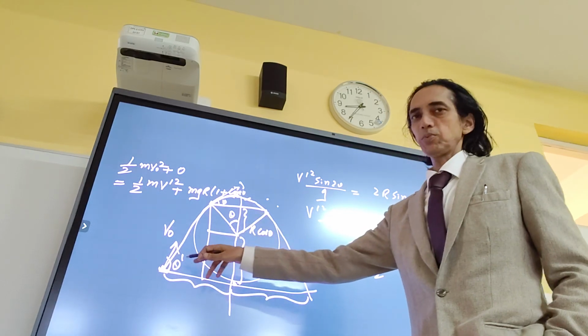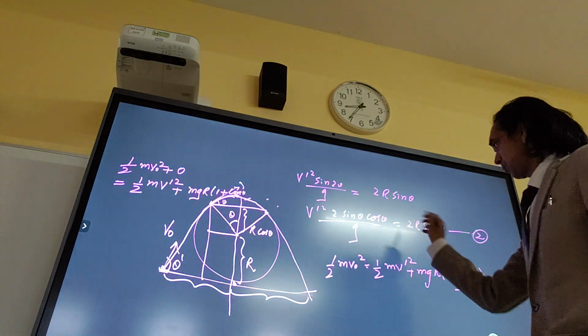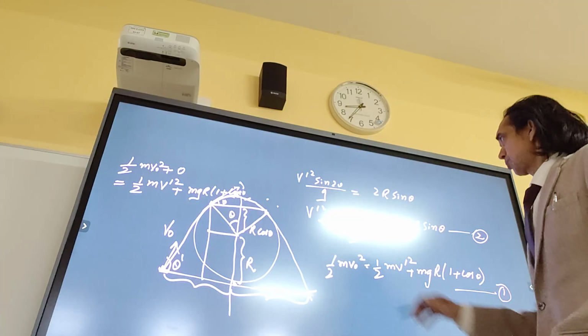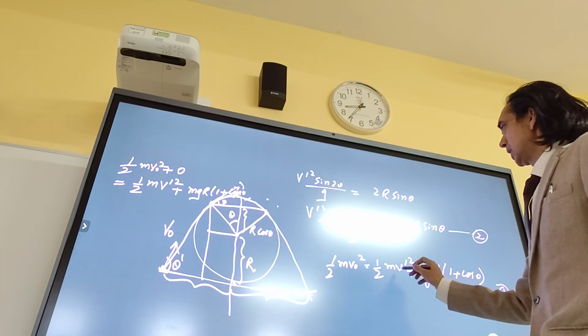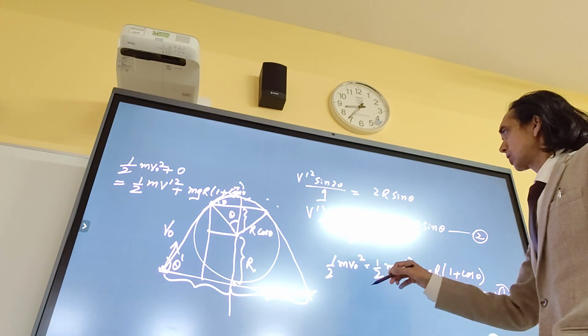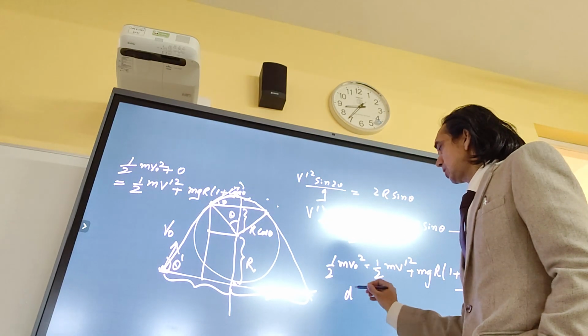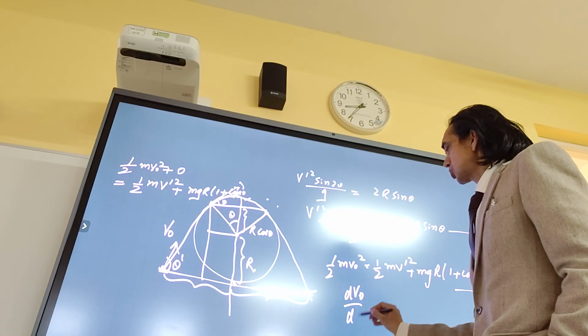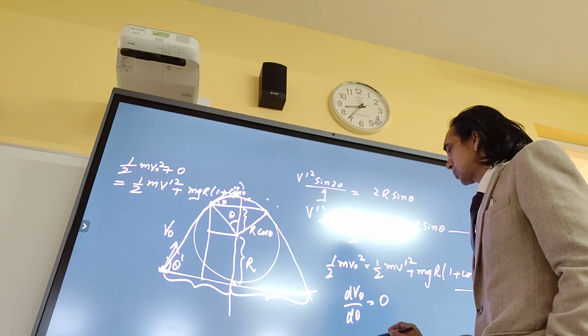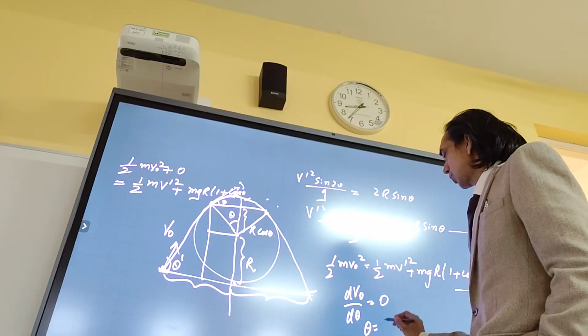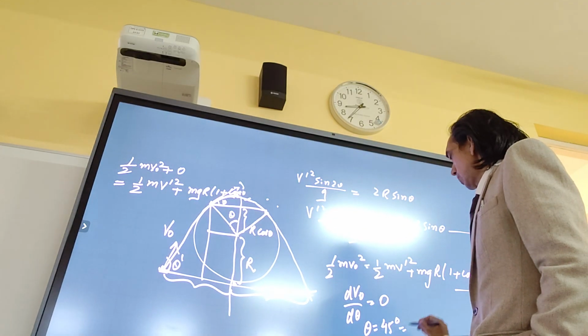When you substitute for v prime square, m will get cancelled and you will get v naught in terms of theta. For the speed to be maximum or minimum, dv naught by d theta should be equal to 0. When you solve this, you get theta equal to 45 degrees, pi by 4.